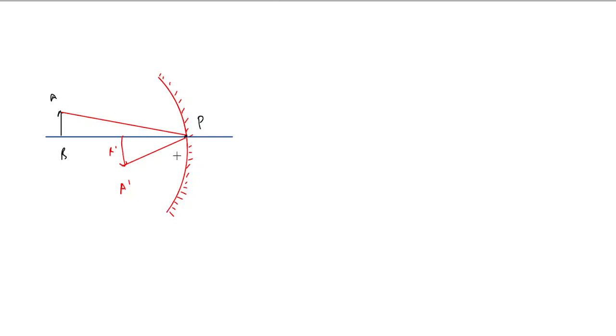Again, as seen earlier, these two triangles are similar triangles, which means AB by A dash B dash is equal to BP by B dash P. AB is the height of object and this is the height of image, but by sign convention it is negative because it is below the principal axis.